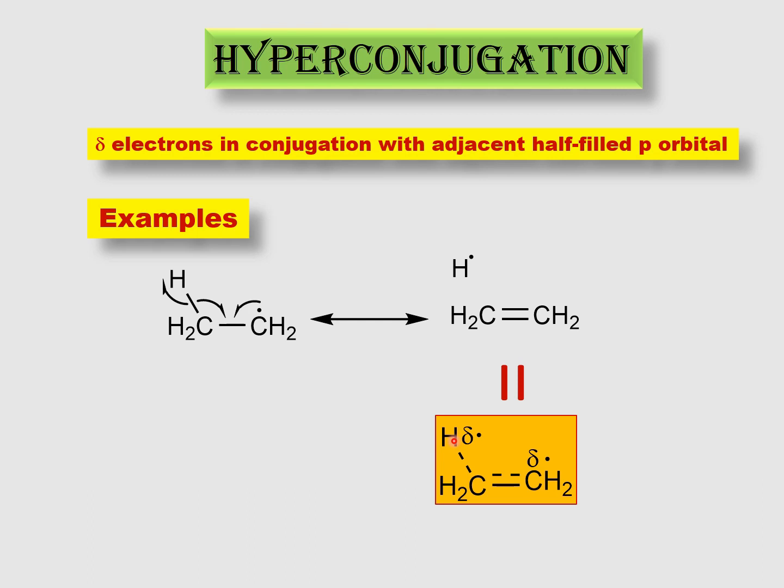So electron density decreases on the carbon atom, bringing stability to the system. The stability of radicals is also associated with the number of hyperconjugatable hydrogens, or you can say that the stability is directly proportional to the number of hyperconjugatable hydrogens. In this case, there are 3 hyperconjugatable hydrogens present.